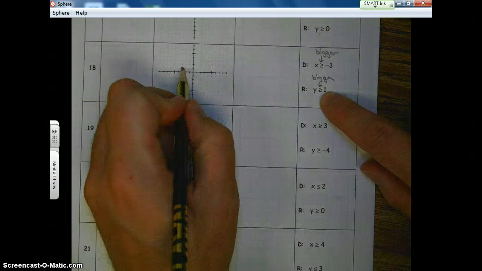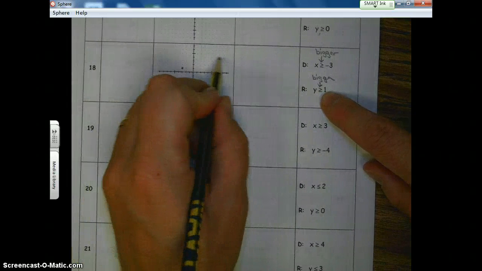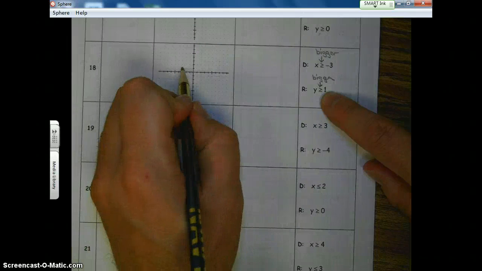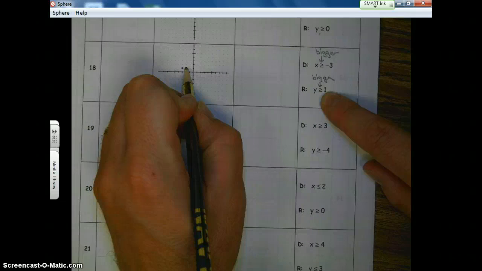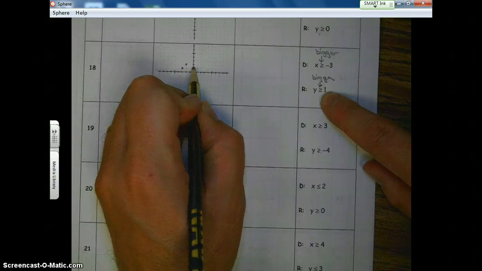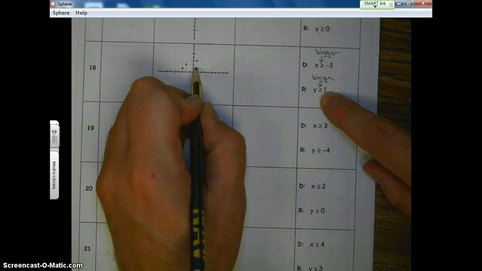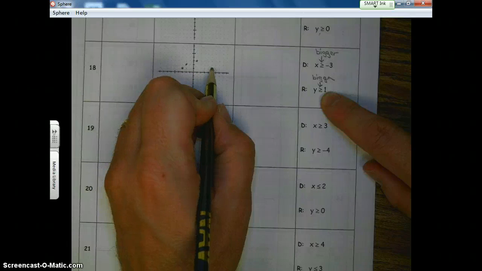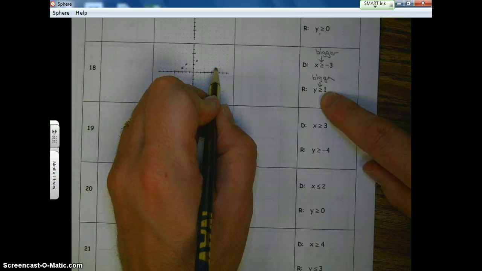Okay, so we know we're going to be going this direction like this. So again, from our starting point, over 1, square root of 1 is 1. Over 1, 2, 3, 4, square root of 4 is 2. 5, 6, 7, 8, 9, square root of 9 is 3.